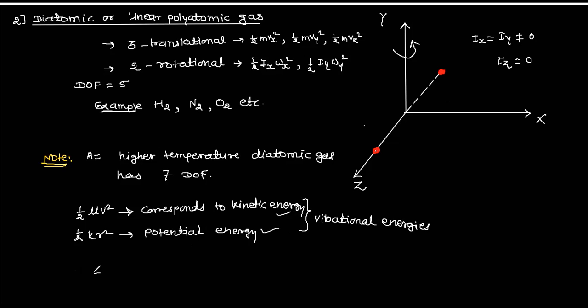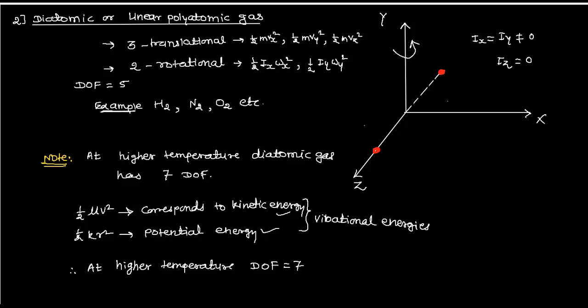So here, therefore, at higher temperatures, degree of freedom is how much here? 7.